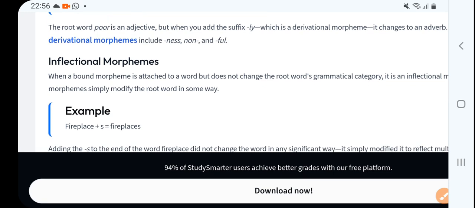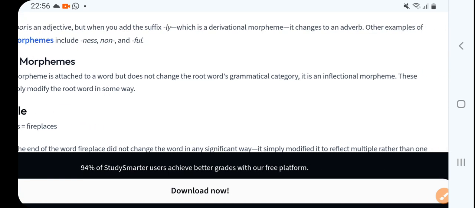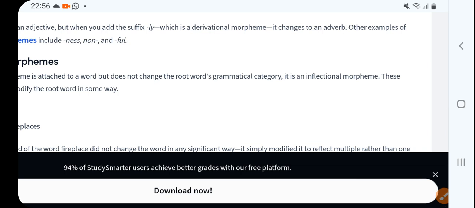The root word poor is an adjective, but when you add the suffix ly, which is a derivational morpheme, it changes to an adverb.